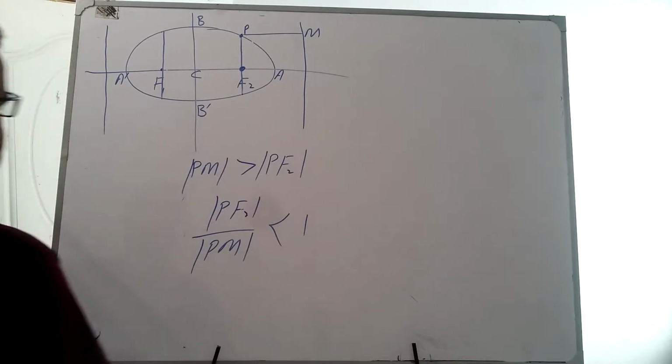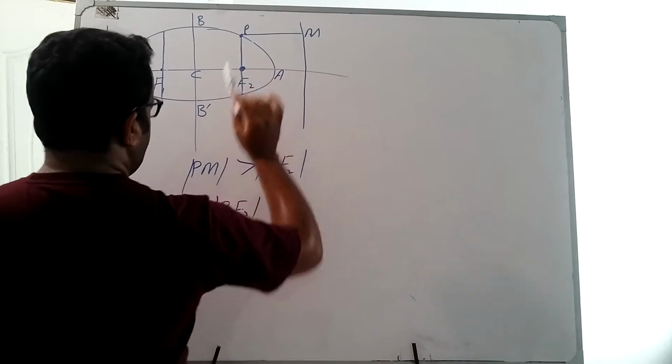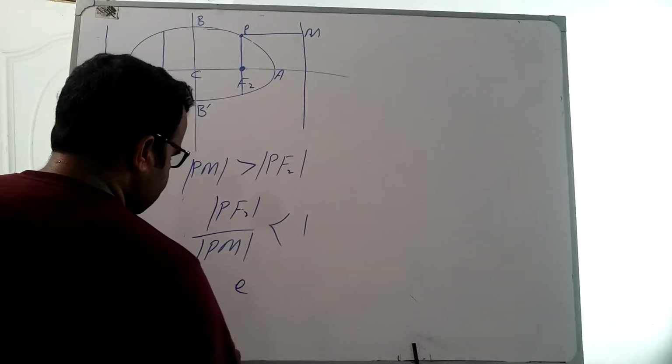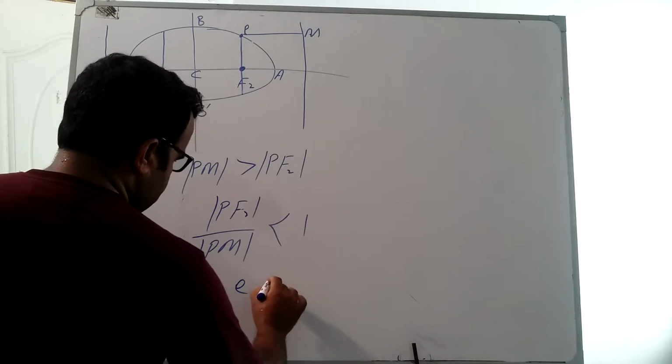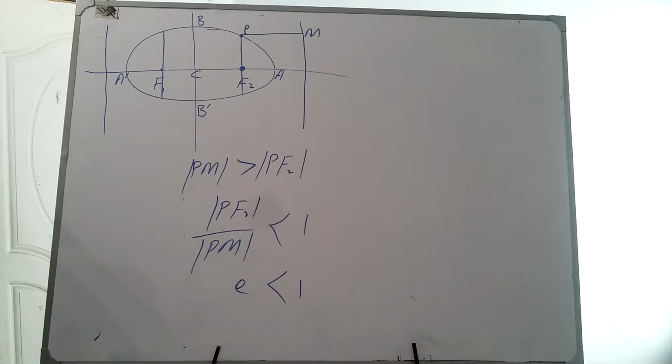The ratio of distance from the point to the focus over the distance from the point to the directrix is called eccentricity, which is less than 1 in case of an ellipse.